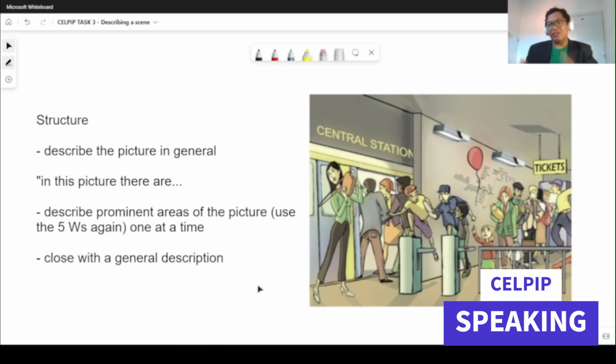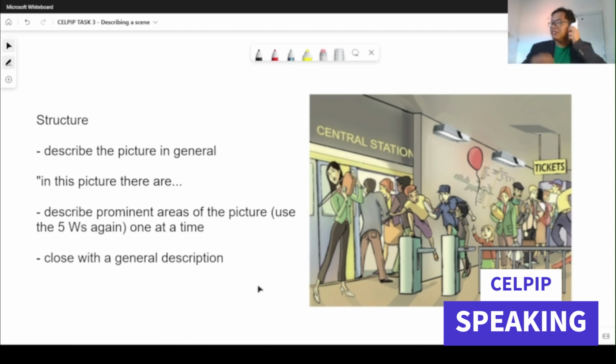So if you take a look at the sample picture that I have here, right, it shows lots of people basically in a station, right? And you can clearly see there are different parts as well, but we'll get to that in more detail in just a bit. But basically, the overall picture is something along the lines of, so in this picture, there are numerous people or many people queuing up in a train station, something along that line.